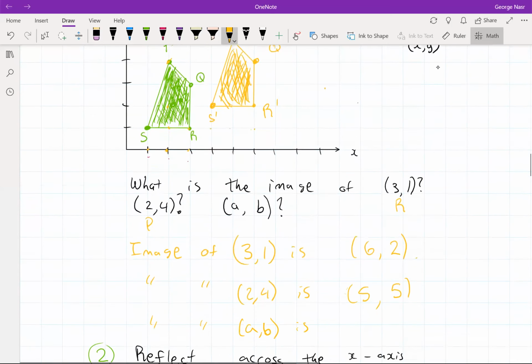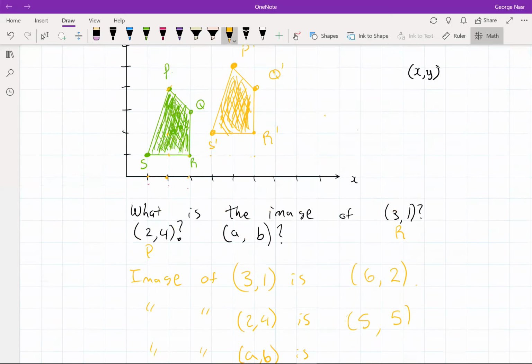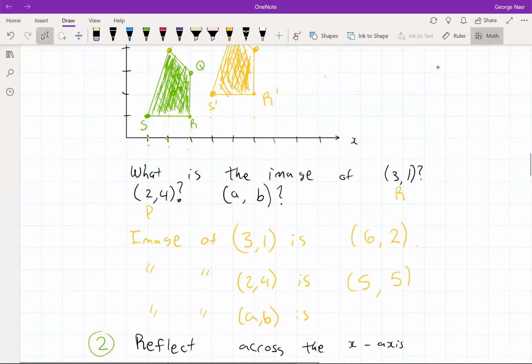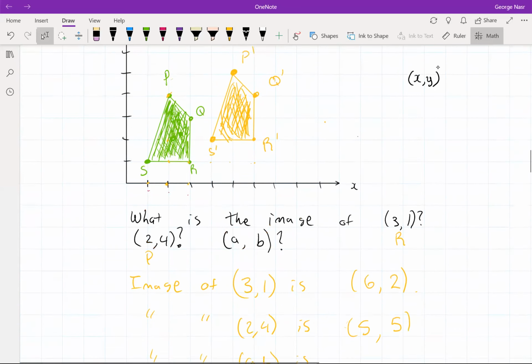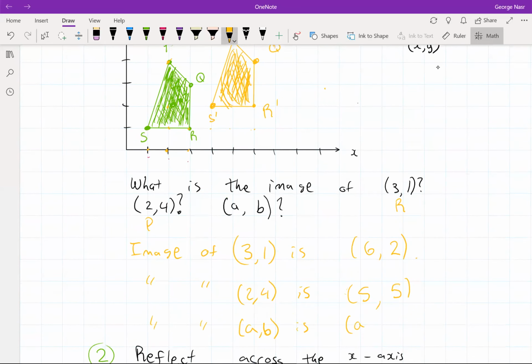What are we always doing? No matter if it's (3, 1), (2, 4), it doesn't matter. What we always do is we go right 3 and up 1. So we take our x value and add 3 to it, and then I take the b value and I add 1 to it.